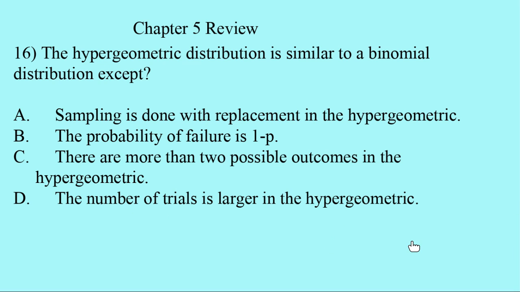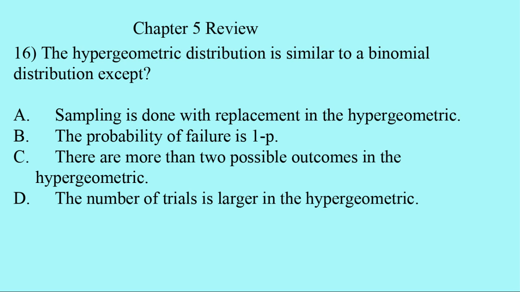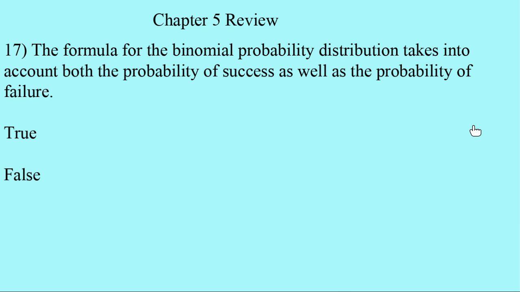Okay, you got A. That is also correct. Very good. Sampling is done with replacement in the hypergeometric. Right. I'm sorry, it's not done in the hypergeometric.